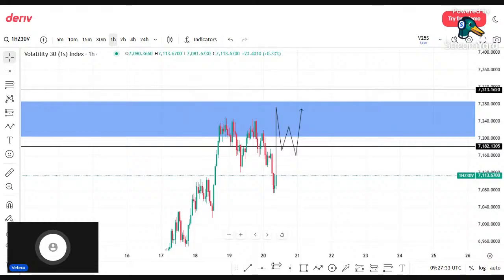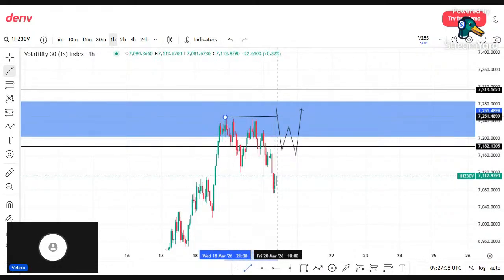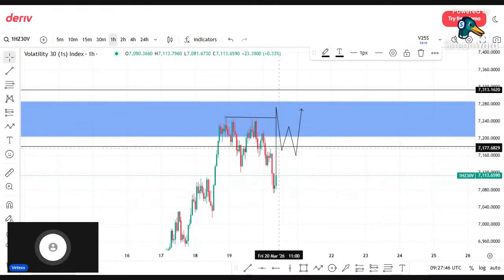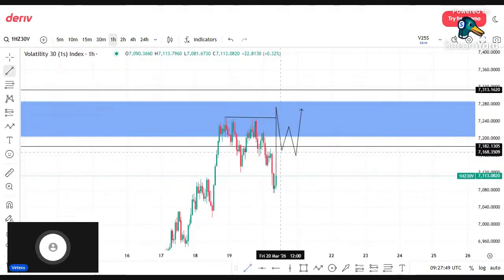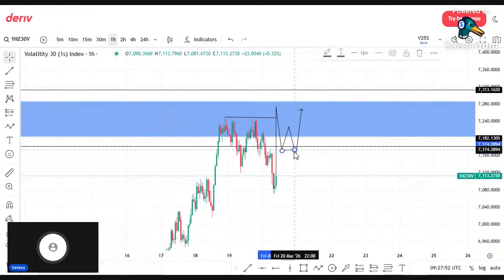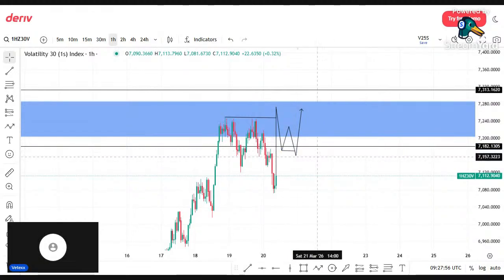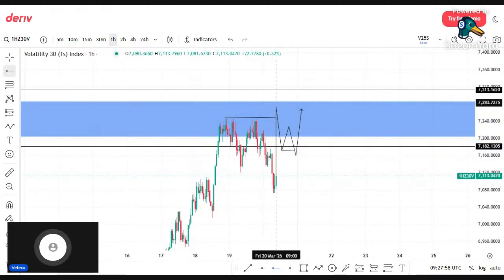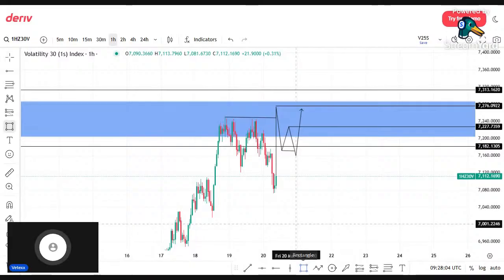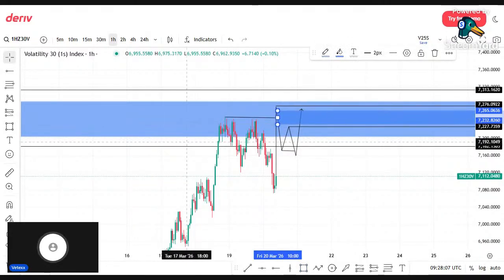If price comes to this zone, give us this, this now will become our new sweep of liquidity, and then this is going to be our break of structure, which is going to be here, and this is going to be our new protected high. Then this is our structural liquidity. So this is going to be our new point of interest in this zone.